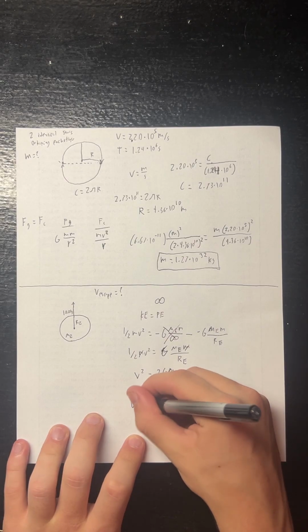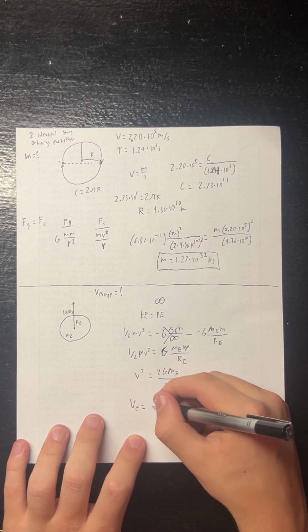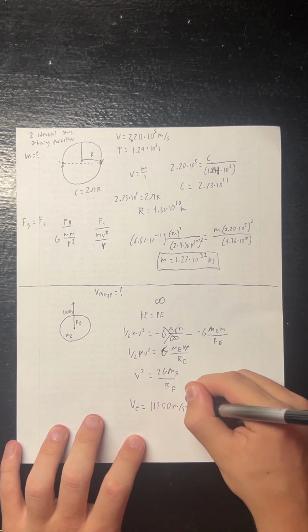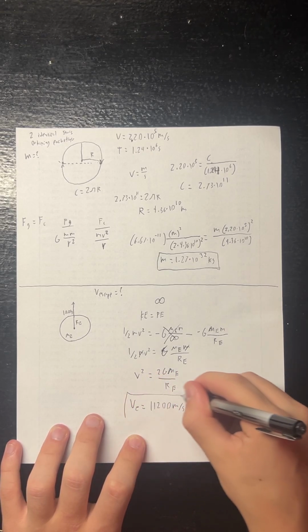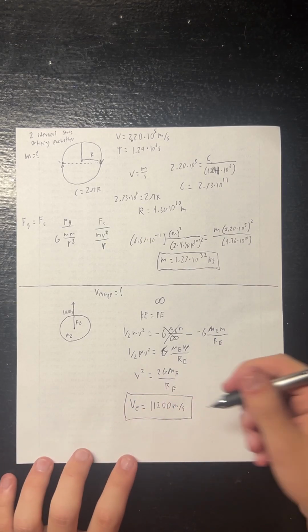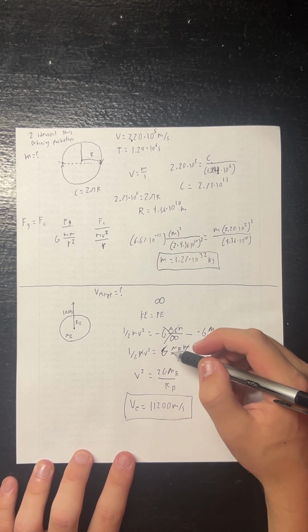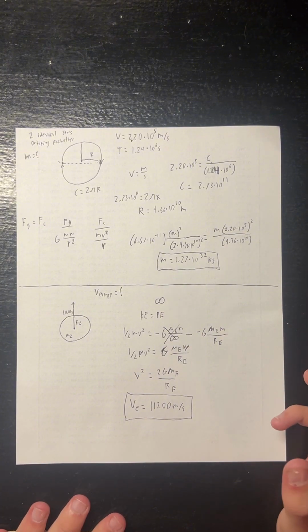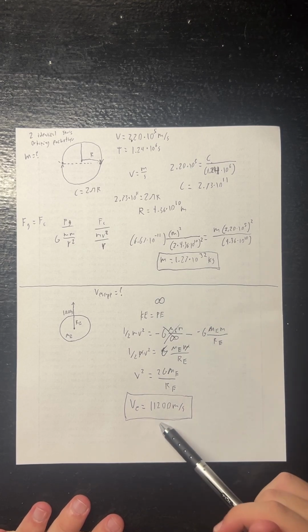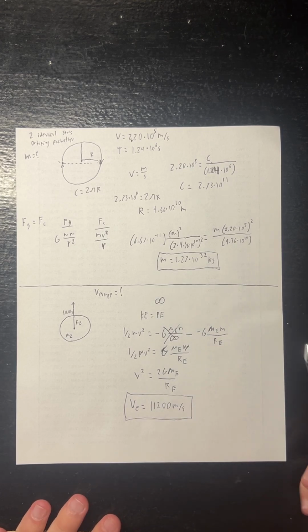It should come out to escape velocity equals 11200 meters per second, and that is for any mass object, because like we said, the mass really is irrelevant here. Like many things in physics, we can just cancel that out, and for any object this is the escape velocity. So yeah.